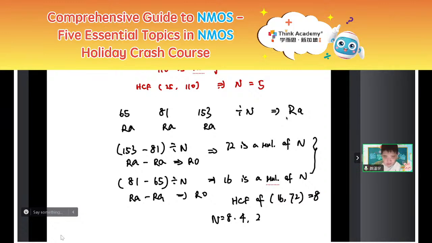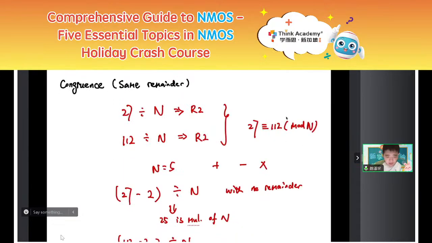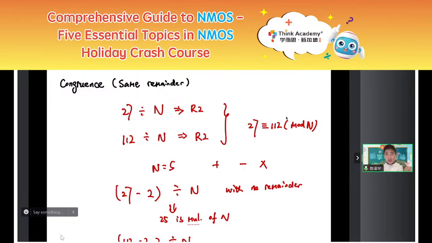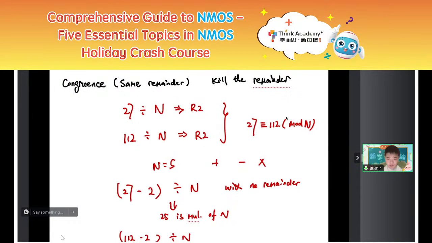So this is how we solve the type of question with the same remainder. The idea: kill the remainders. Always kill the remainders. When you kill the remainders, you just have multiples, which is a nice thing to have. So the congruence problem is here.